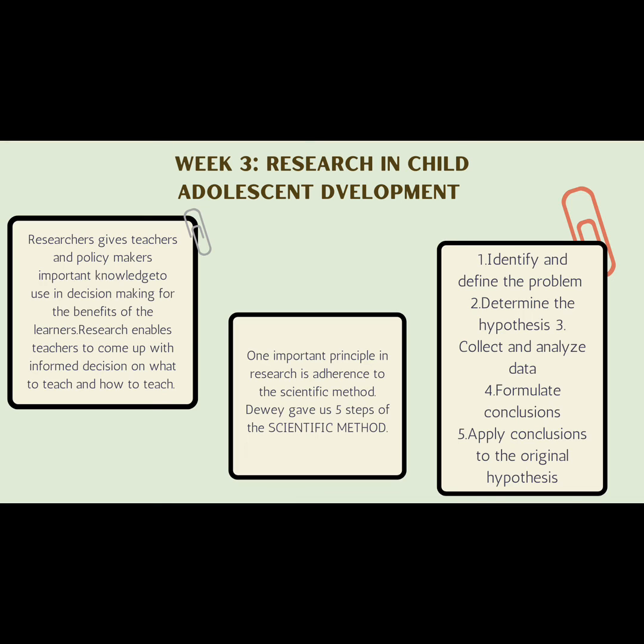Fifth, apply conclusions to the original hypothesis. To simply explain, I have learned that identifying the problem is the first step. Next to this is stating a tentative answer to the research problem called the hypothesis. Hypothesis is also referred to as an educated guess.